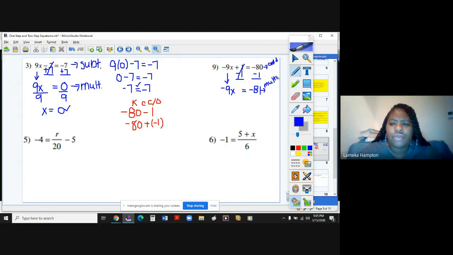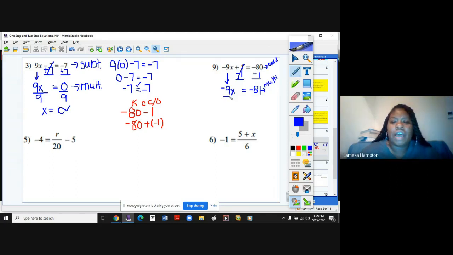And I don't have enough room, so I'm just going to put multi to let you know that that's a multiplication problem. Okay. Now, I am dealing with the multiplication problem. So that means I have to now use the opposite operation, which is division.